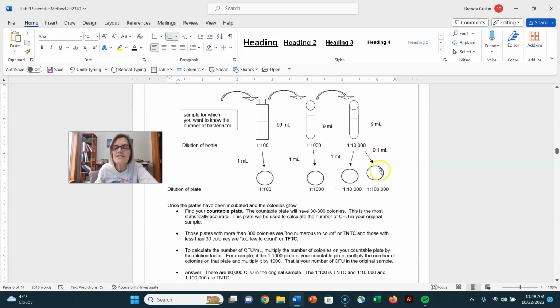And then this one should have 10 times less, so that would be 0.8, like 0 to 1 colony. Okay, so both of these are TFTC, too few to count. This one with 80 colonies is my countable plate, and this one with 800 colonies would be too numerous to count. So when you look at these plates, this is going to be the only one that you will count. All the others you just toss.